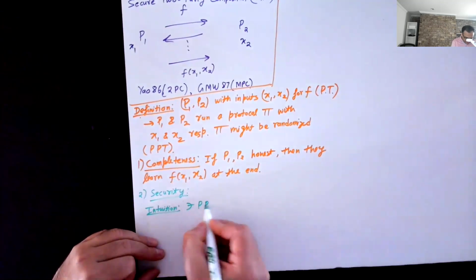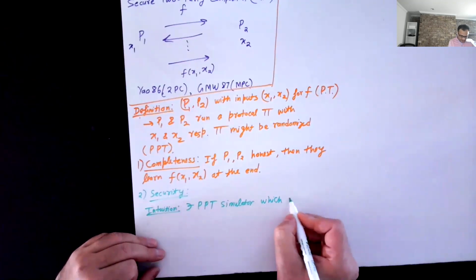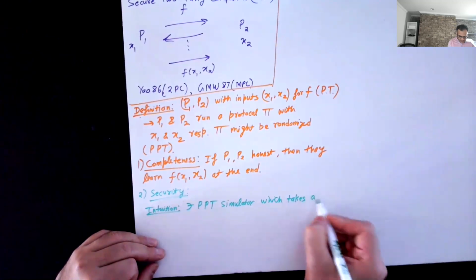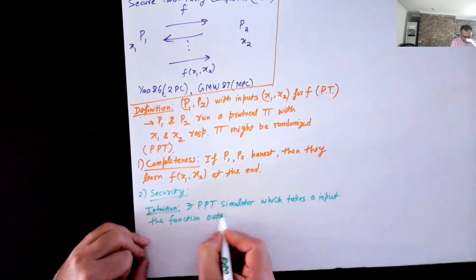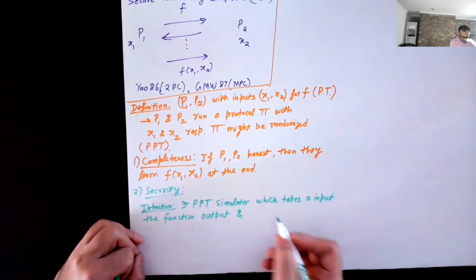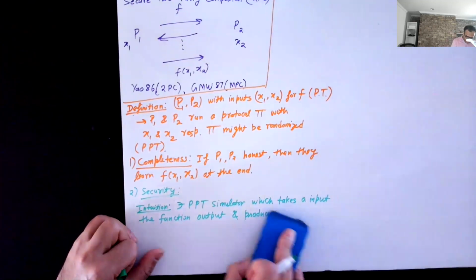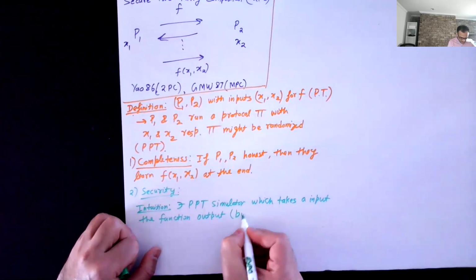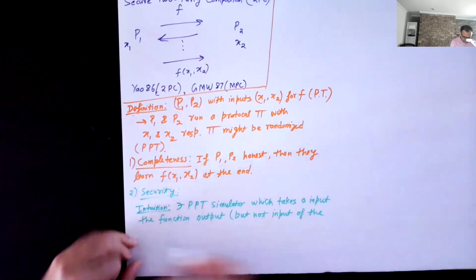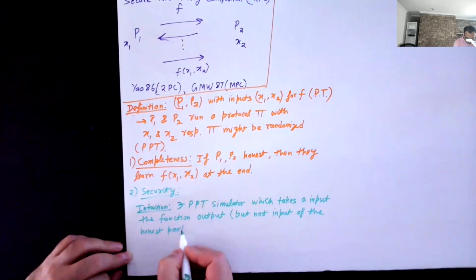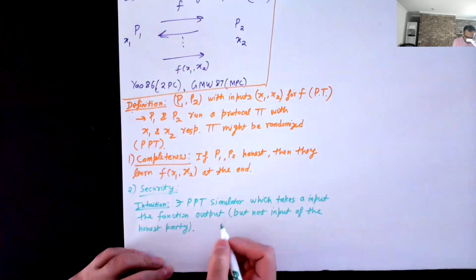There should exist a PPT simulator which takes as input the function output, but the simulator doesn't know the input of the honest party. Okay, let's call this simulator S.